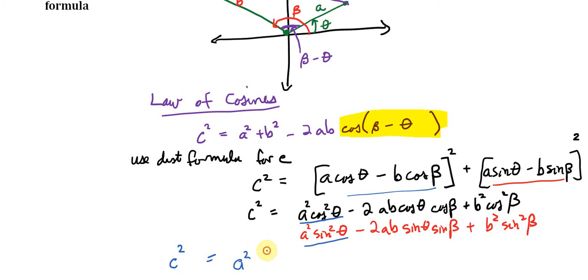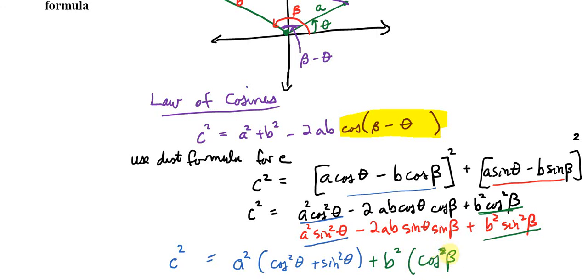So we can factor out an A squared, and we would get cosine squared theta plus sine squared theta. Then you can see that we have this part here, B squared cosine squared beta and B squared sine squared beta. So if I factor out a B squared, I get cosine squared beta plus sine squared beta. And then I still have the part in the middle here, that's the part that's sort of left over.